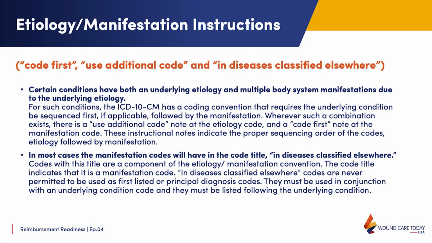So in the diabetes example that we just did, the underlying diabetes will be coded first. So basically it's the diabetic code with its complication, diabetes with foot ulcer. And then the manifestation will be coded second. And the second code is going to be the actual non-pressure ulcer code that we discussed. And you will also determine the severity of that code.